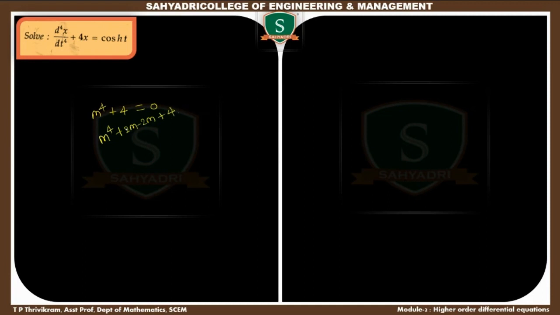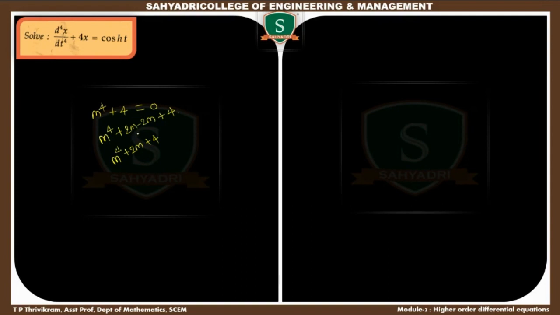If I apply, what happens? Plus 2m minus 2m get cancelled. Again, you will get the same equation. Okay. So I get one combination, m power 4 plus 2m plus 4.